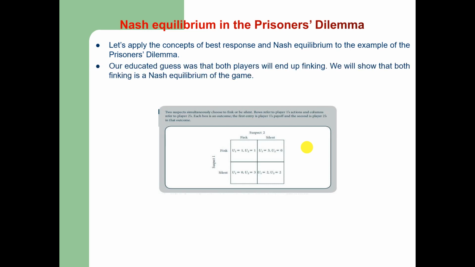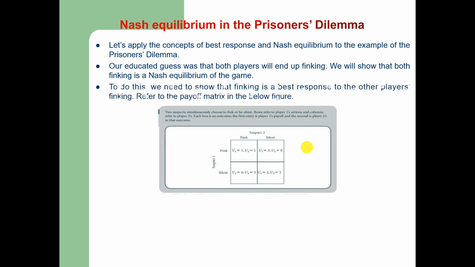Our educated guess was that both suspects will think, or they will confess. We will show here that both confessing or thinking is a Nash equilibrium of the game. To do this, we need to show that thinking is a best response to the other player's thinking.